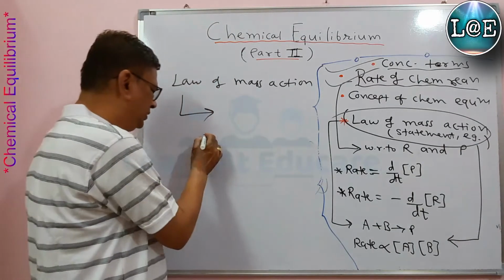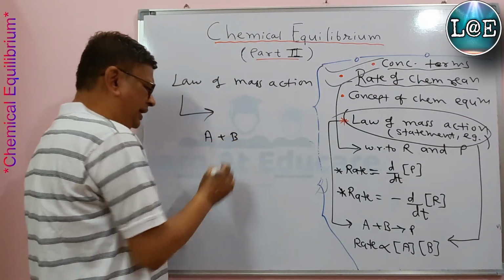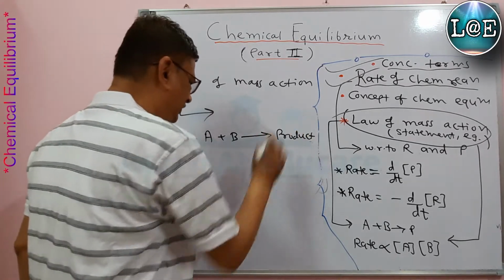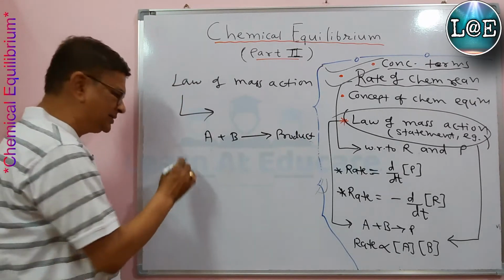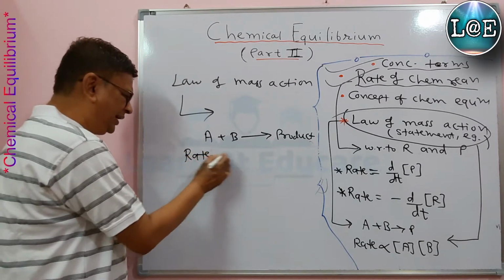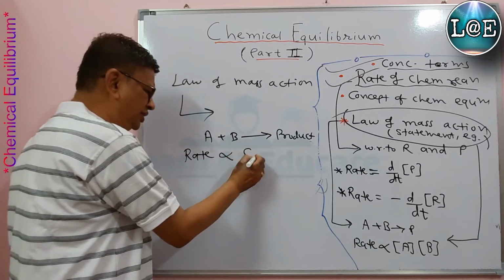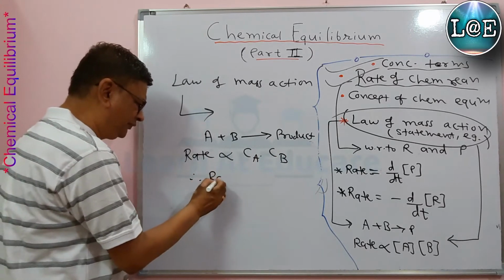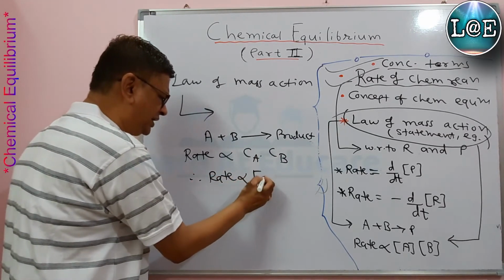For example, in general A and B are reactants, and if that gives some product, then according to the law of mass action, the rate is proportional to concentration of A into concentration of B, which can also be written in another symbol.